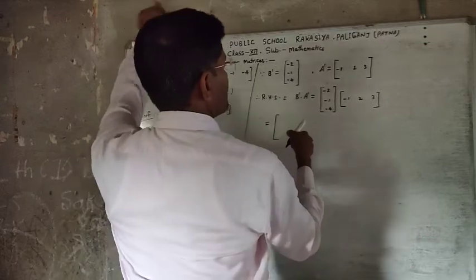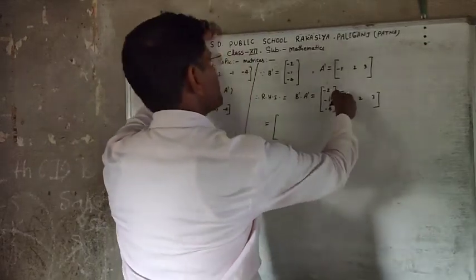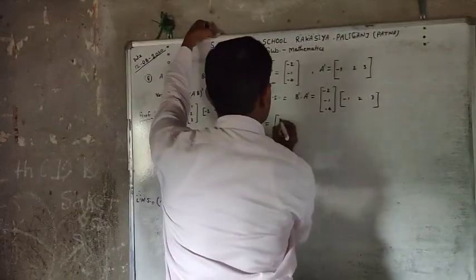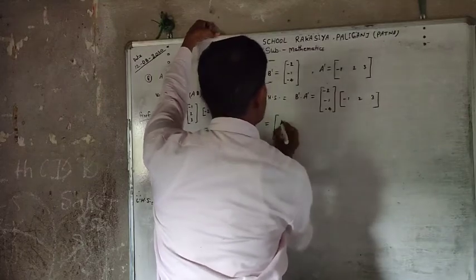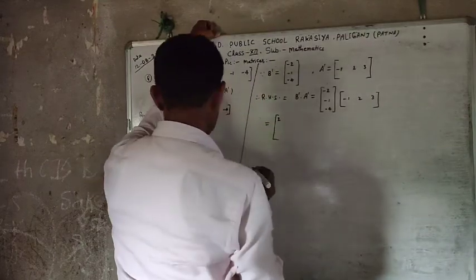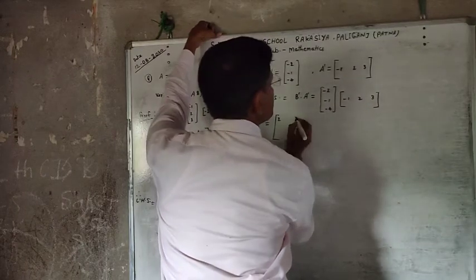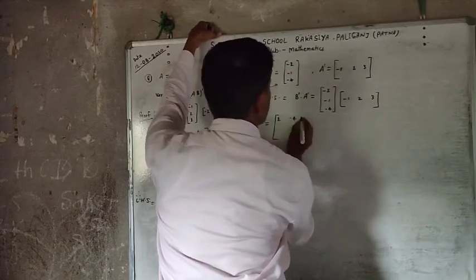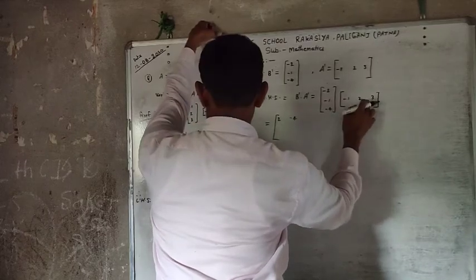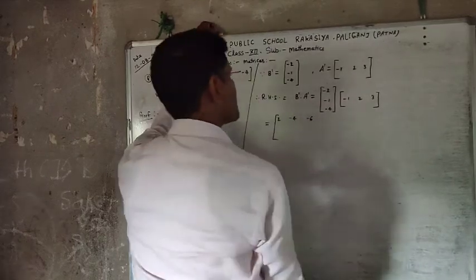First, we multiply the first row with the columns: minus 2 into minus 1 is equal to 2, minus 2 into 2 is minus 4, and minus 2 into 3 is minus 6.